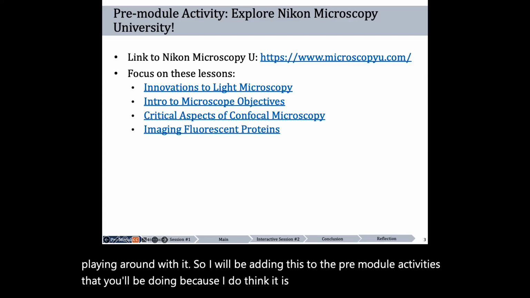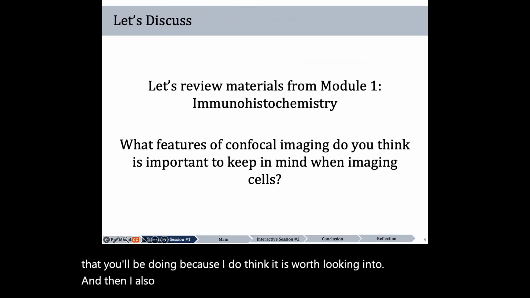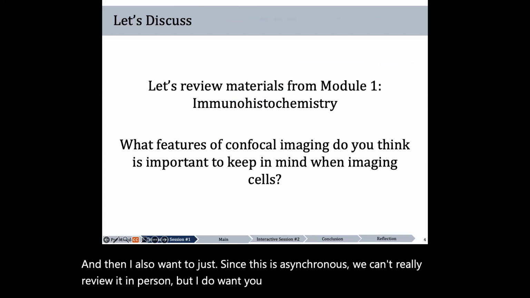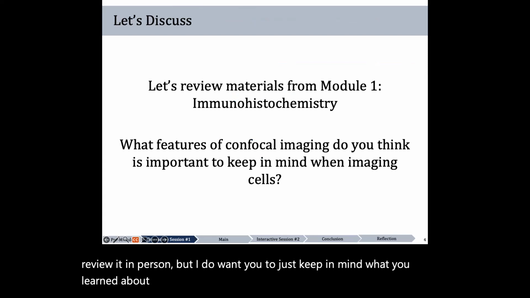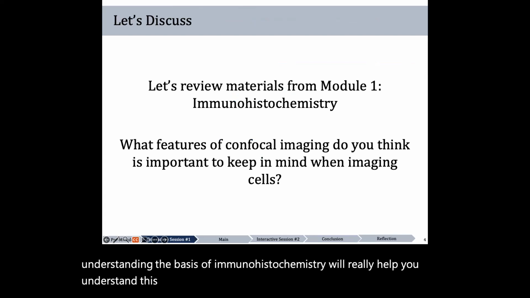I will be adding this to the pre-module activities, because I do think it is worth looking into. And since this is asynchronous, we can't really review it in person, but I want you to keep in mind what you learned about immunohistochemistry from the first module, because understanding the basis of immunohistochemistry will really help you understand this module today.